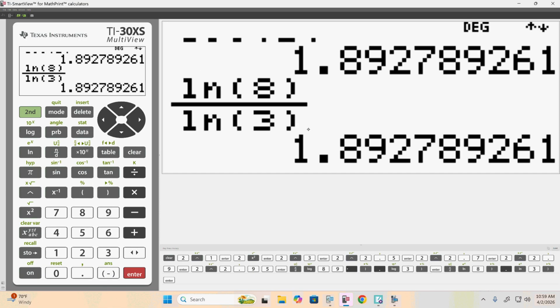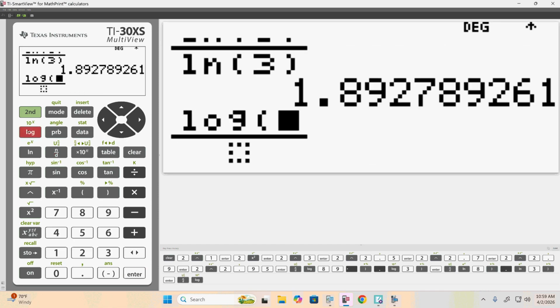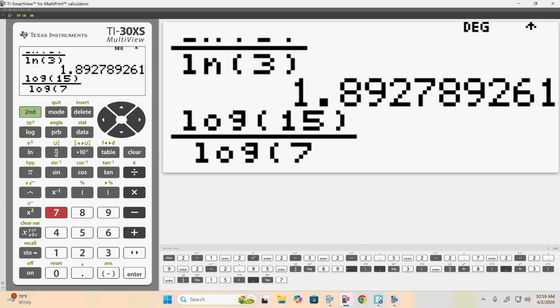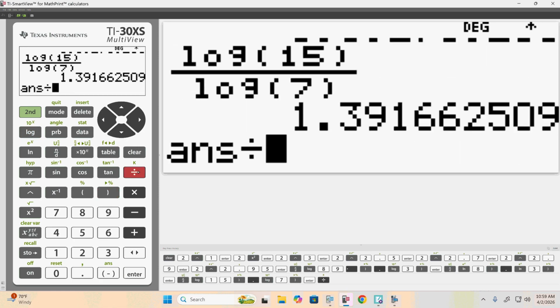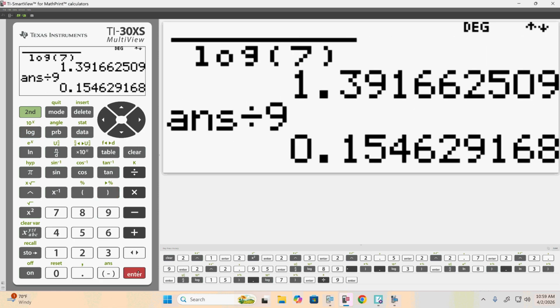If we wanted to do the change of base, we could do log of 15 over log of 7, see what that is, and divide it by 9 to get the exact same answer.